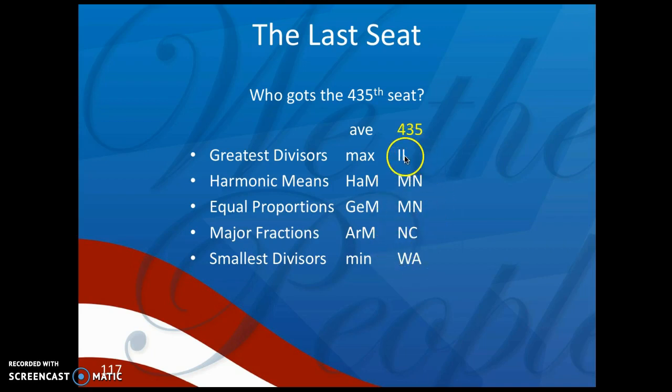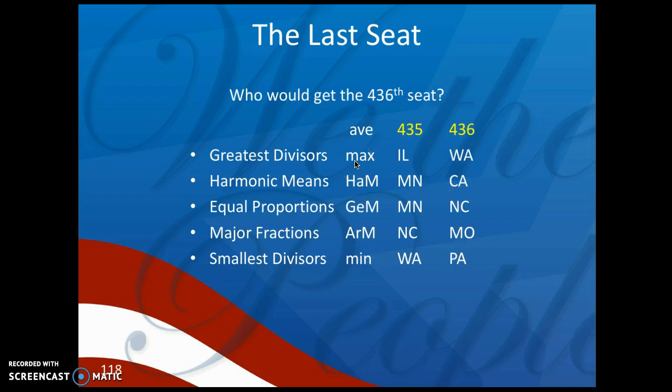If you have the greatest divisors equal harmonic means, this is Dean's method. And right here, the averages. Hopefully this will make more sense: min, arithmetic, geometric, harmonic, max. And if we were to go to just the next seat, notice then it would be California under Dean's method. Equal proportions, what's currently used, would be North Carolina.